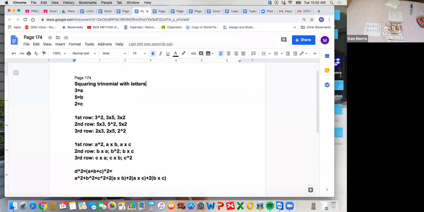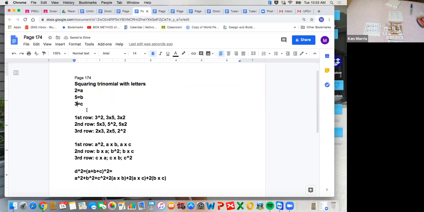Forgive me, but it should be okay. You understand that it doesn't matter as long as you're consistent. If I was doing this with children, I would certainly change it. Let's go ahead and change it. Let me be consistent with what I said. I'm going to let a equal 2, b is 5, and c is 3. When I did this yesterday, I just switched those around. Okay, so I'm going to be consistent.